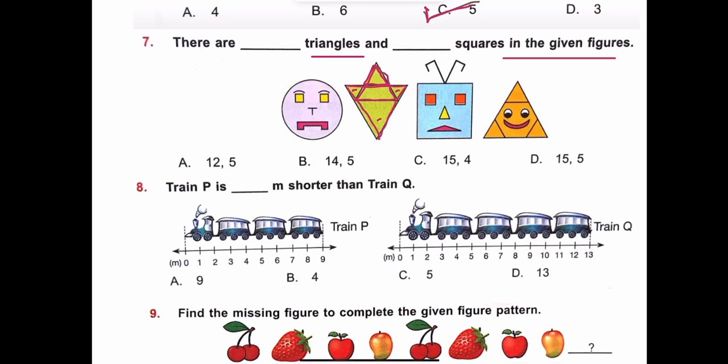Here 7, 8 triangles, then 9, 10, 11 and this one large triangle. So total 12 triangles are there. So 12 is given only in one option. Next, count the squares. We have 1, 2, 3, 4 and this large square, so 5. So option A is correct.